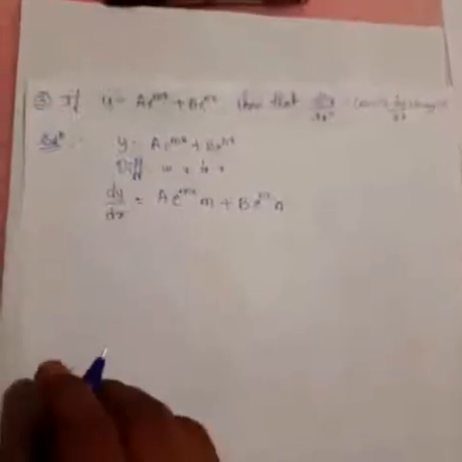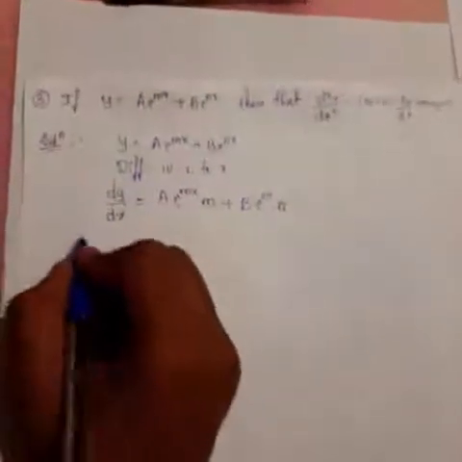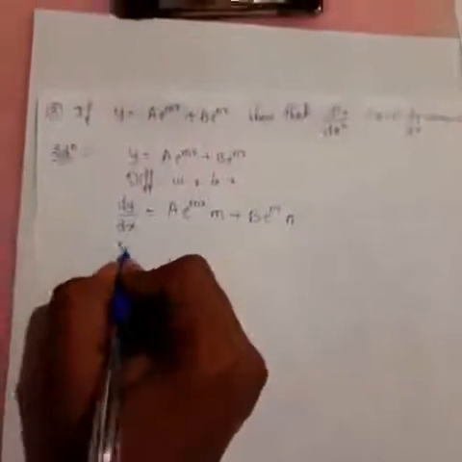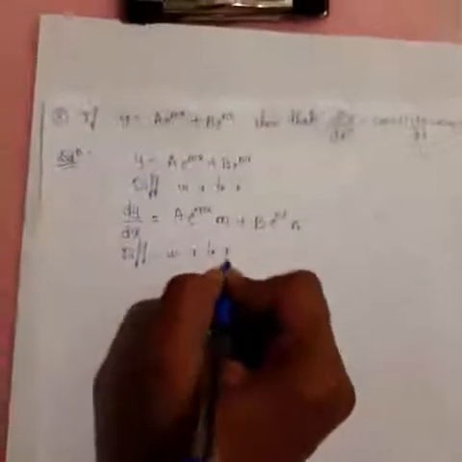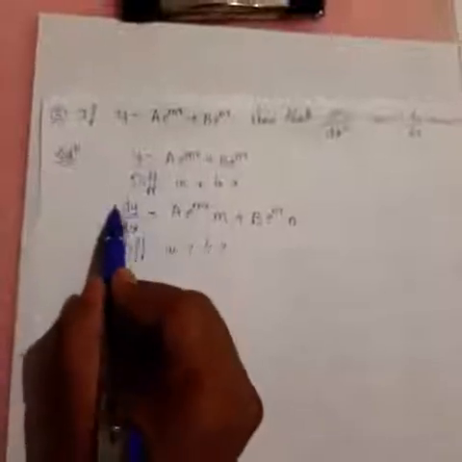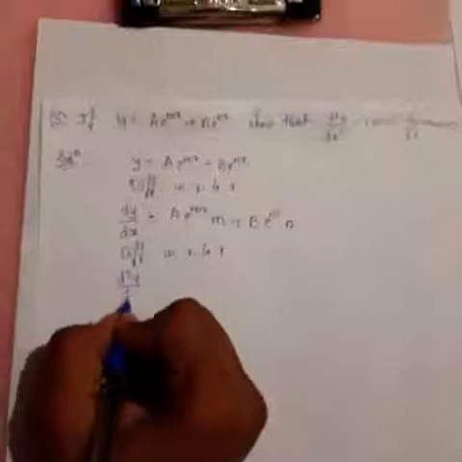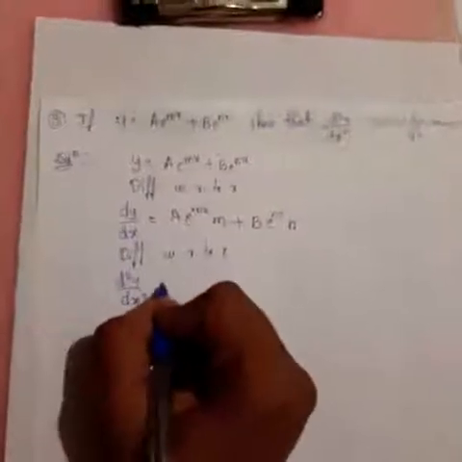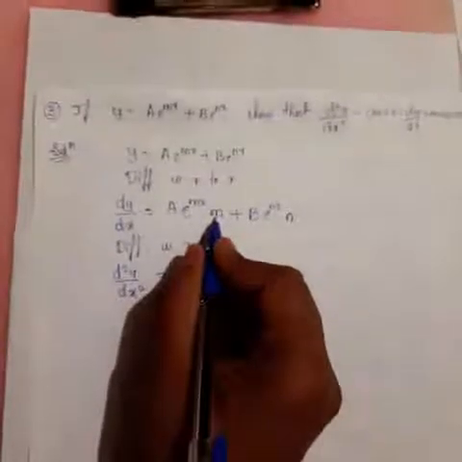Yes, next we have to differentiate with respect to x again. It means differentiate this dy by dx with respect to x, and you will get d square y by dx square is equal to this: A and small m, these two are constants.